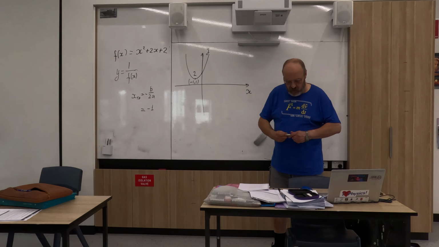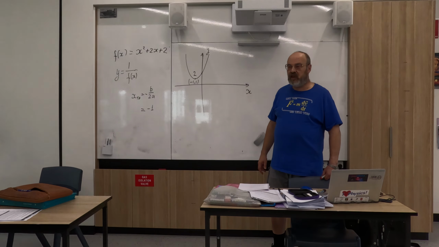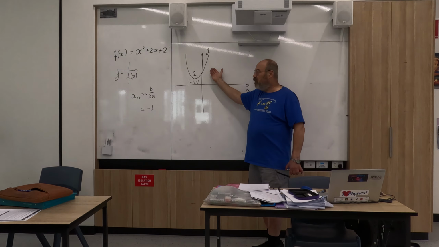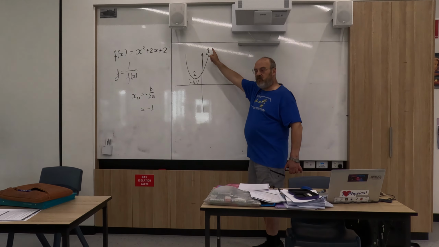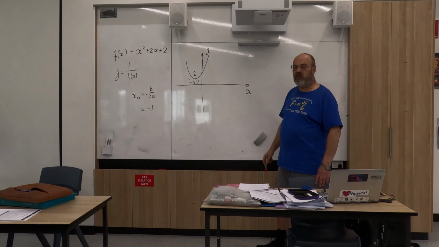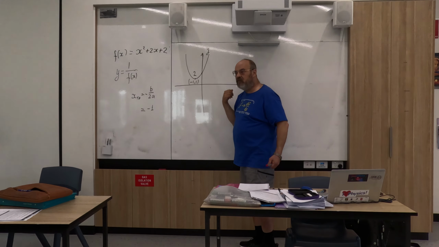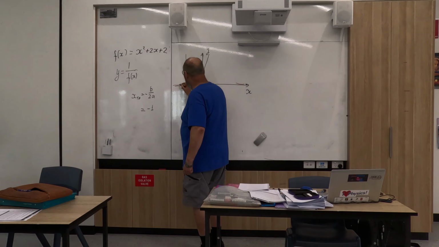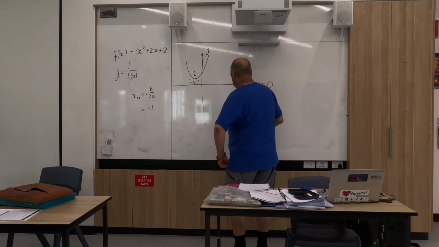How do we now sketch the reciprocal? There is no x-intercept with this one, so there will be no vertical asymptotes. But when the original function is approaching positive infinity, what will the reciprocal approach? 1 over a very big number is a very small number. So we have here and here the asymptote y equals 0.